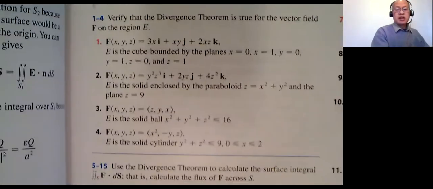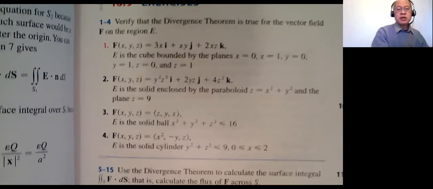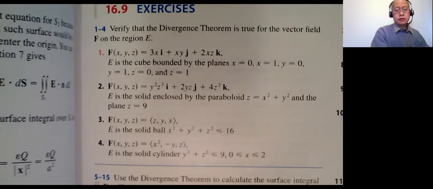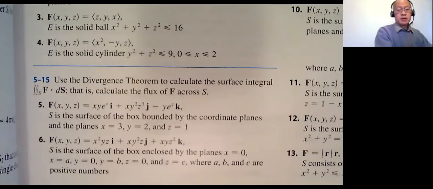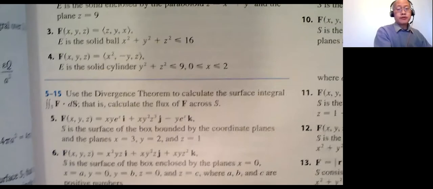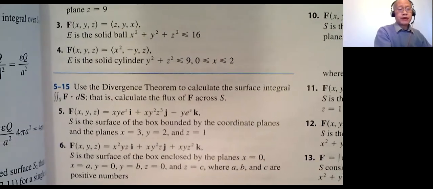Just in case, I think I showed it to you, but if not, I'll show it to you again for those of you that don't have the book. Page 1145. So number 3, I'm not going to do the left side, only the right side, the divergence theorem, the third part. Look at the language: use the divergence theorem to calculate the double integral of F dot dS.